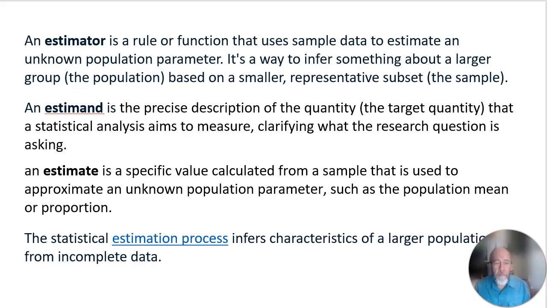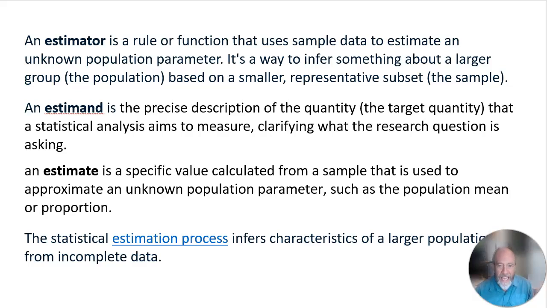It could be the mean, could be any parameter of a population. We have to do this because we don't necessarily always know the actual values of a population. We do it through samples. And the estimator is the rule, but in most cases we're going to look at a function. So we're going from sample to population.